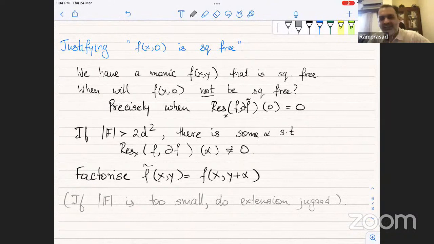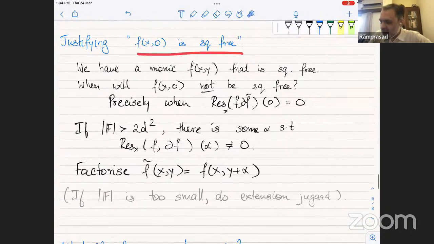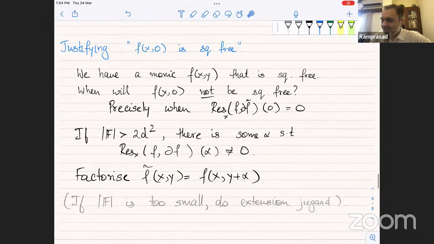I'm not going into the details of this. It's unnecessary detail which complicates the situation. So this is basically why you can assume it without loss of generality. By that, I mean that if f(x, 0) is not square free, maybe f(x, 7) is square free, so I can deal with some version of that.